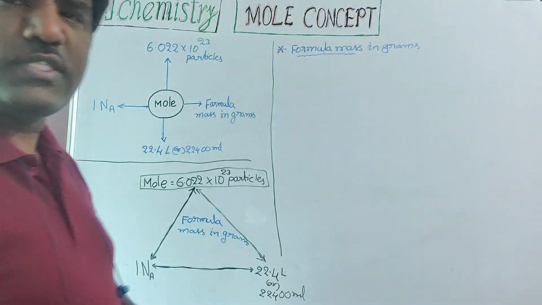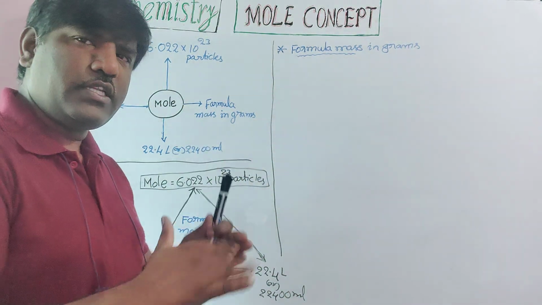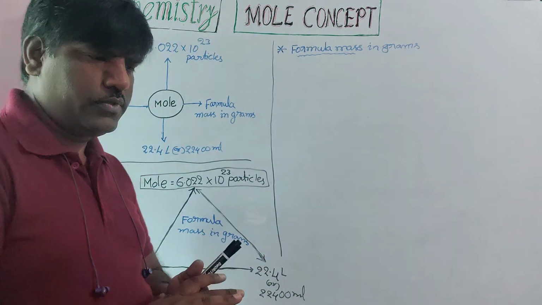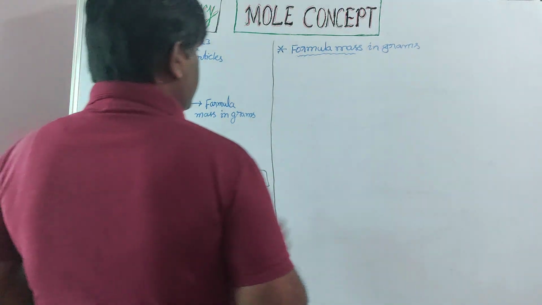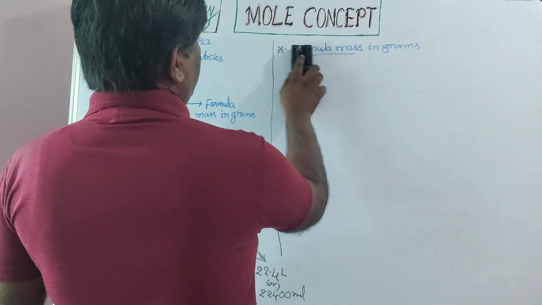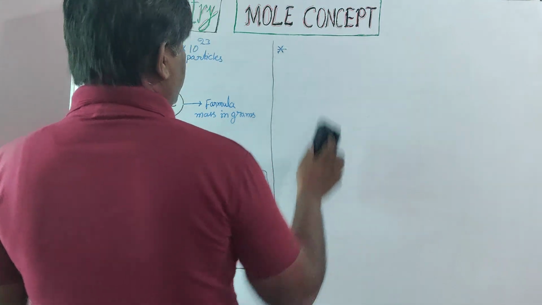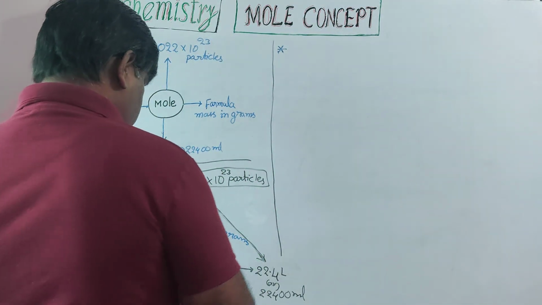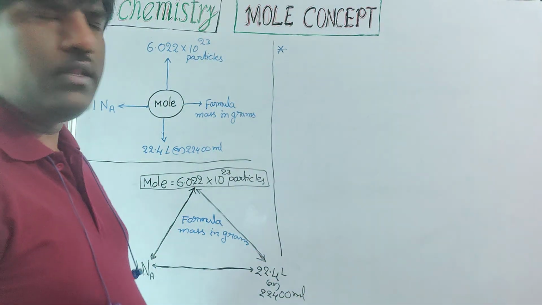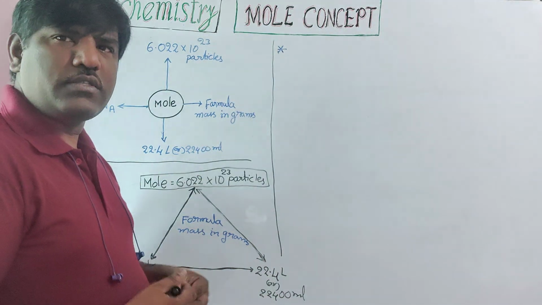Before going to formula mass in grams, first, if they give a formula, we should know how many moles it relates to. So first we will discuss how to get to know that the particular molecule is in how many moles. Because if you don't have that clarity, you may give a wrong answer.